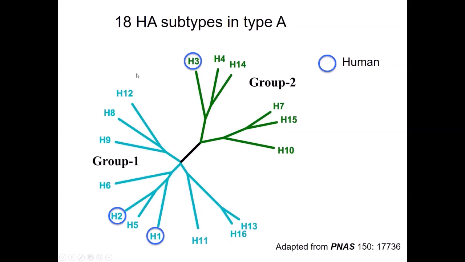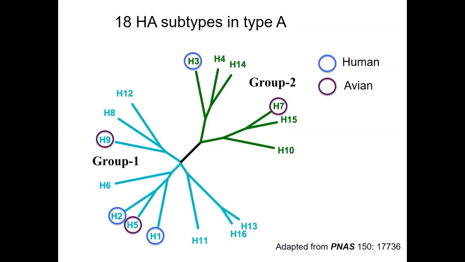Within type A, there are 18 subtypes that have been defined, and this is just a rough phylogeny that shows those subtypes also fall into two major groups, group 1 and 2. The three human subtypes that have commonly circulated, H1 and H3 currently, and H2 from '57 to '68, they actually cross two different groups, which makes things complicated.